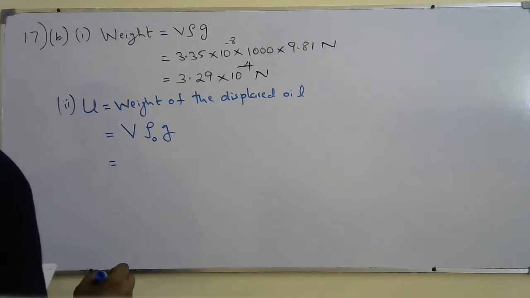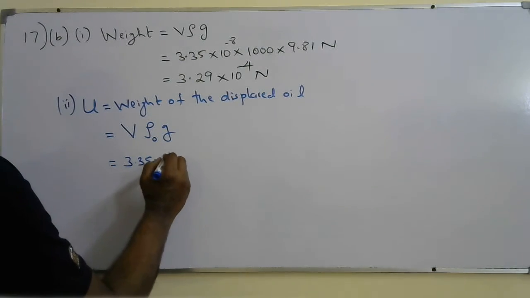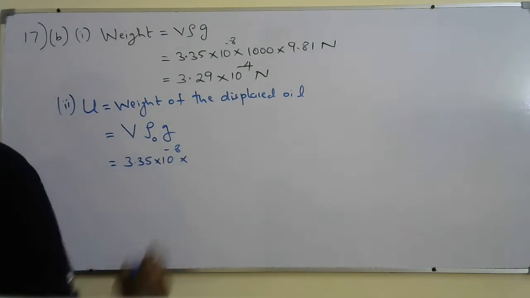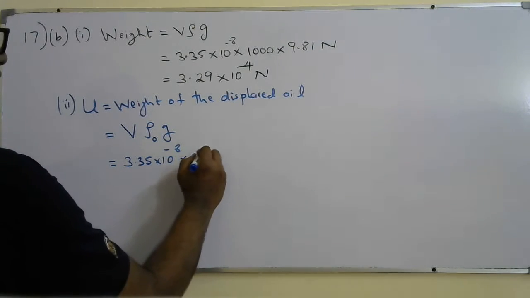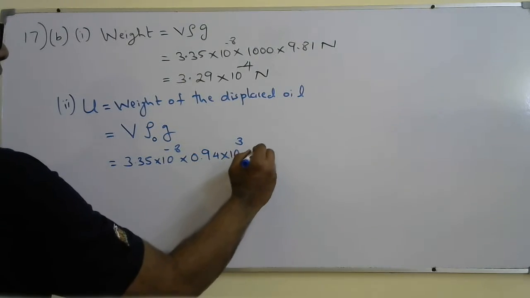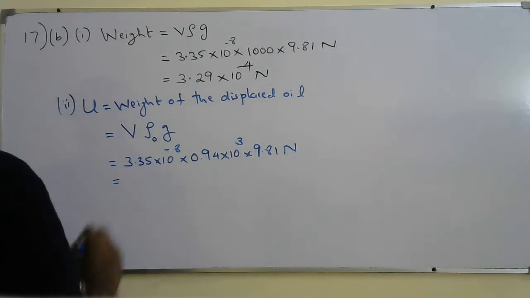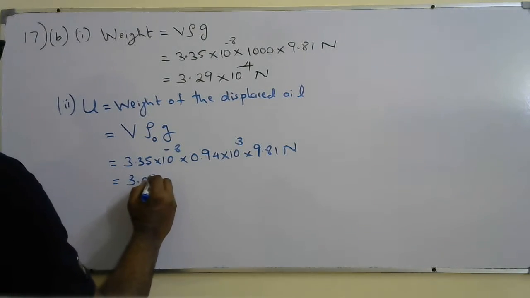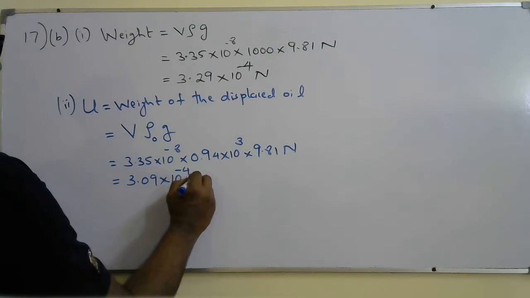So again we use 3.35 × 10^-8. Density of the oil is given as 0.94 × 10^3, that is 940, into 9.81 N. So the upthrust will be 3.09 × 10^-4 N.